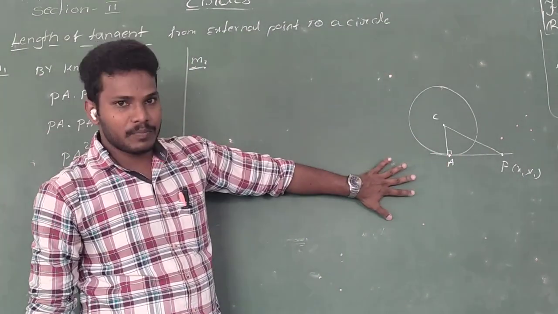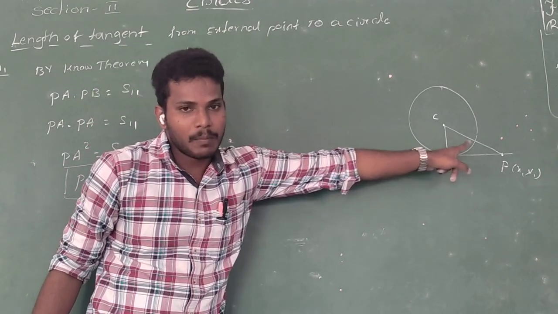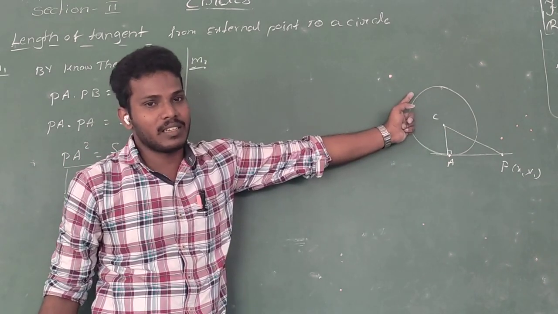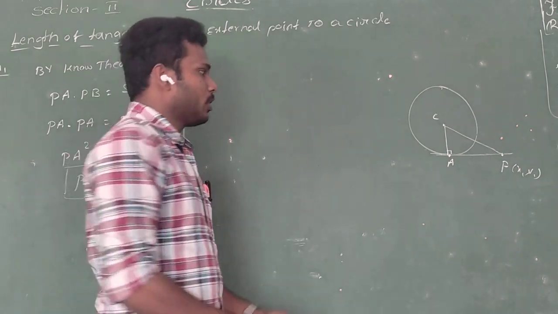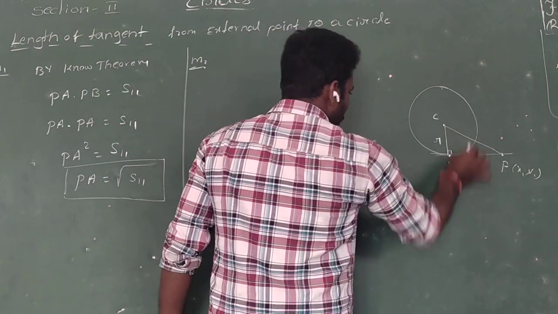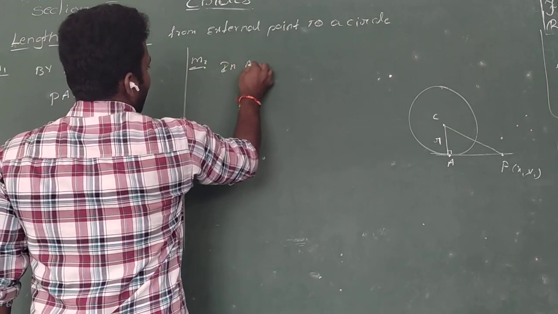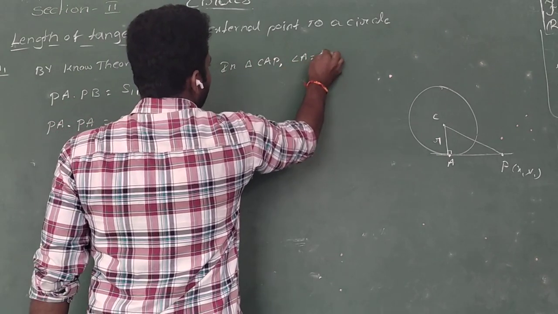Look at this diagram. A is the point of contact to the circle, P is an external point, and C is the center. Now we need to find the PA distance. It's a right angle triangle: in triangle CAP, angle A is 90 degrees.